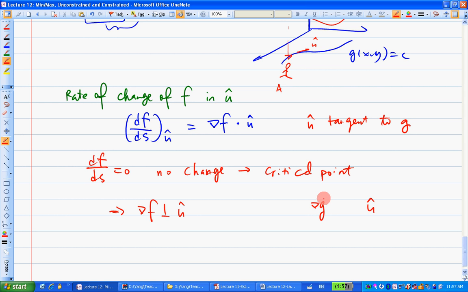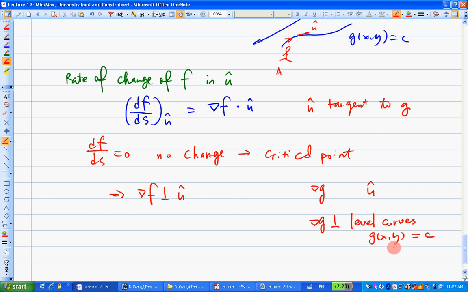According to the theorem, del g is perpendicular to the level curve, and the level curve is g(x,y) equals 3. That make sense? So if del g is perpendicular to the level curve and u hat is tangent to g, then that means del g and u hat must be perpendicular.